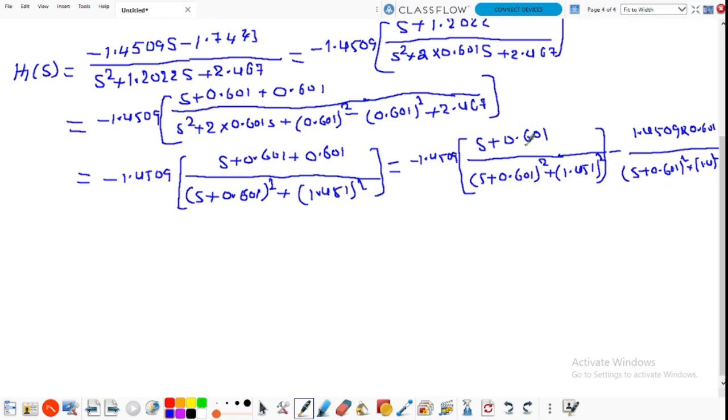Now your A value is 0.601 and the B value is 1.451.